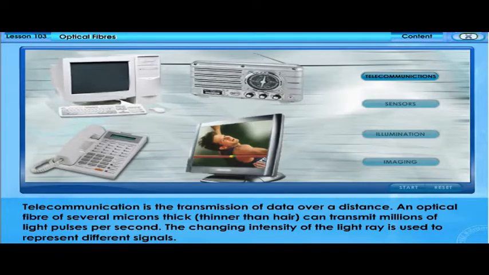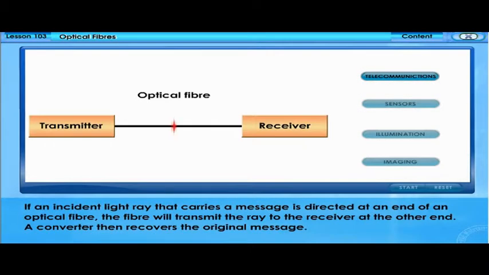The changing intensity of the light ray is used to represent different signals. If an incident light ray that carries a message is directed at an end of an optical fiber, the fiber will transmit the ray to the receiver at the other end. A converter then recovers the original message.